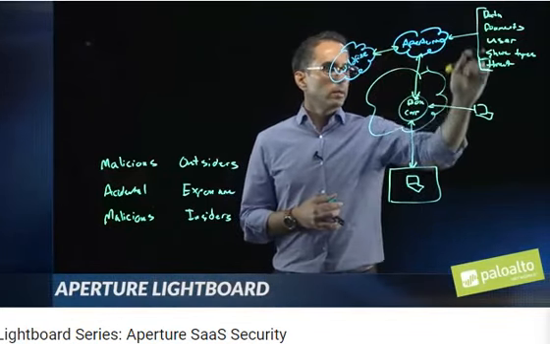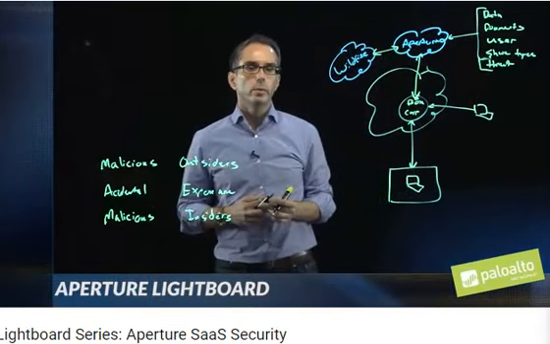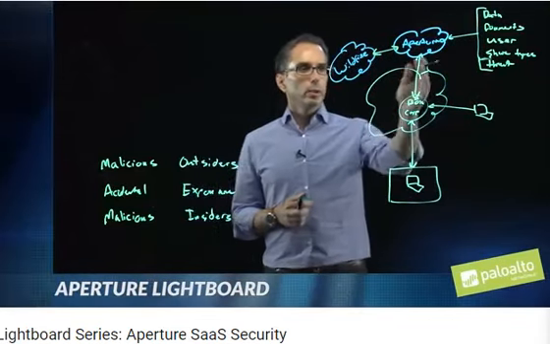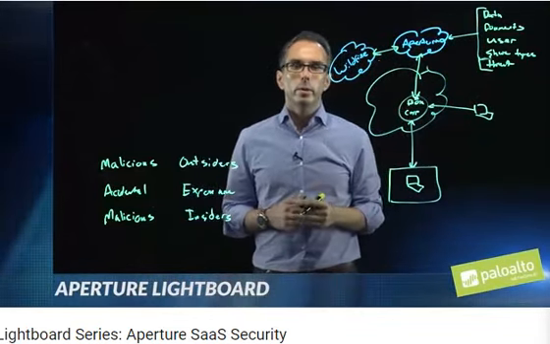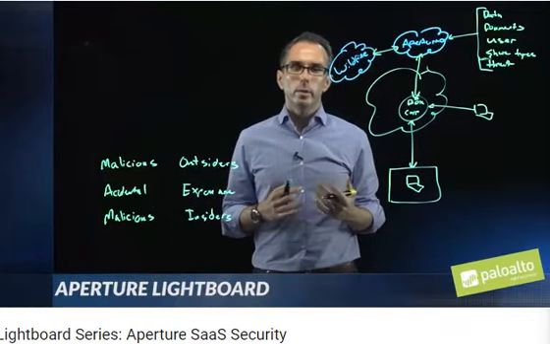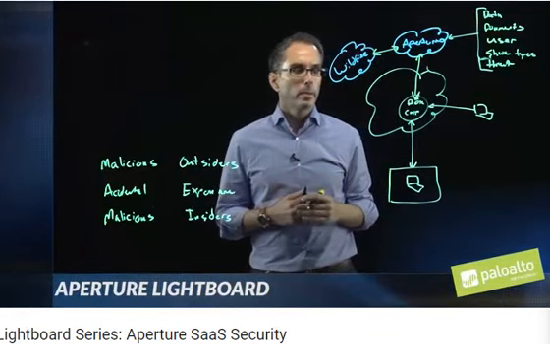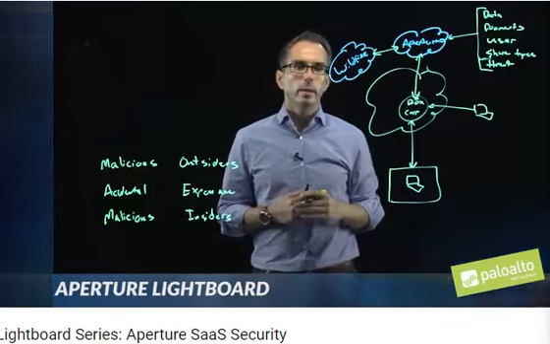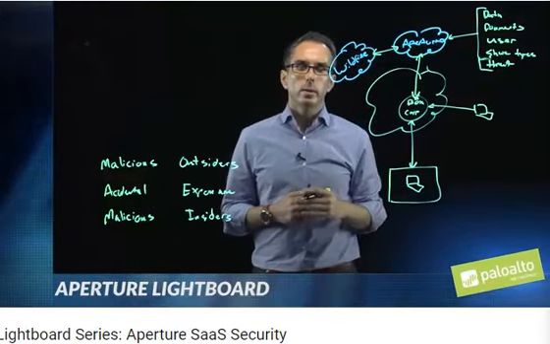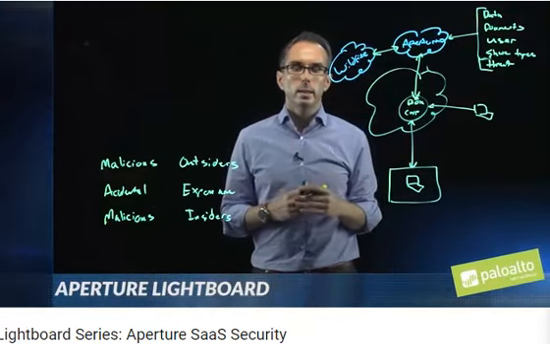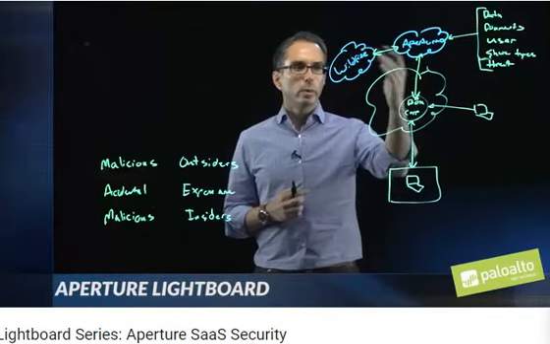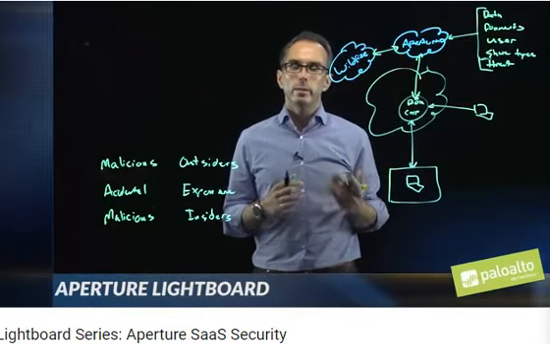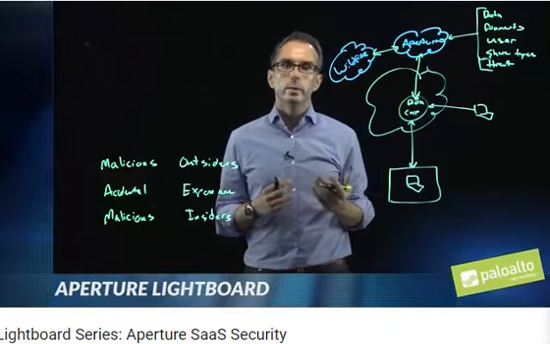So when it does this check of documents and data within the application, it's able to use WildFire to determine if these are malware, if they're known, or if they're unknown malware. If it's a known malware, we can respond in a number of ways within the application itself to be able to quarantine that data. If it's an unknown malware, we'll work with WildFire to be able to determine if it's actually malware or if it's not.